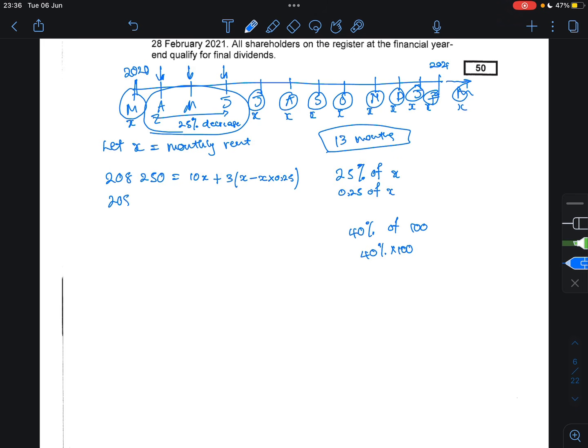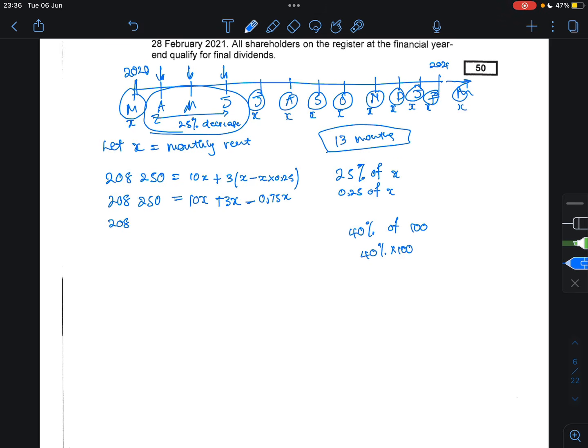So it's 208,250 being equal to 10x plus 3x, and then minus, because it's a decrease, we are decreasing the monthly rental by 25%. So let's say 3 times 0.25, you have 0.75x.